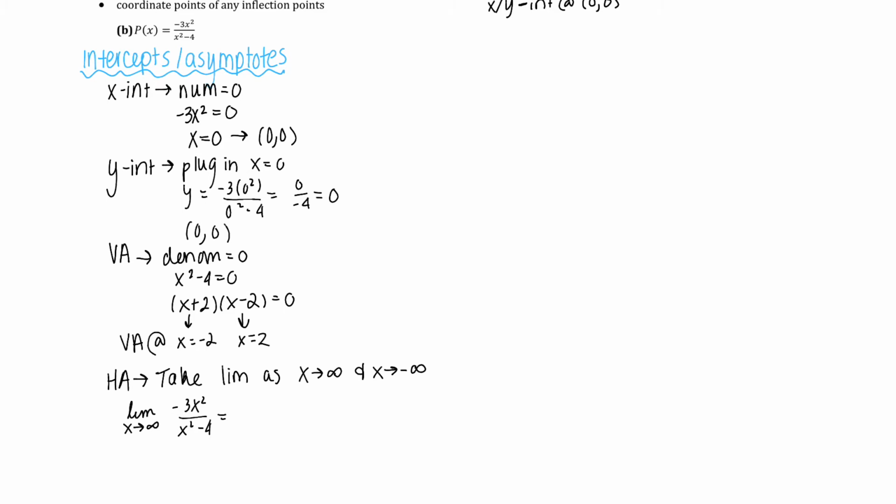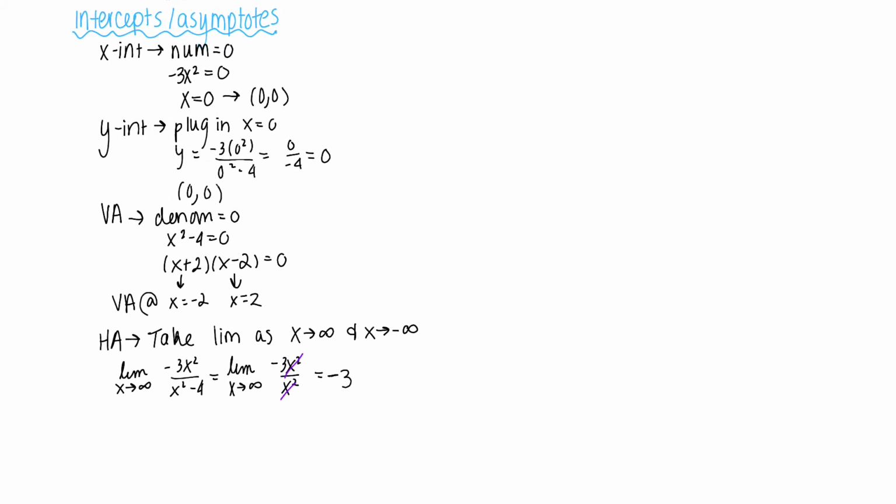With rational functions and limits, when you're going to infinity, you can just take the highest power. So the limit as x goes to infinity of negative 3x squared over x squared. Those x squareds are going to cancel, and you're going to get negative 3. So that means there is a horizontal asymptote at y equals negative 3. Horizontal asymptotes are always of the form y equals.